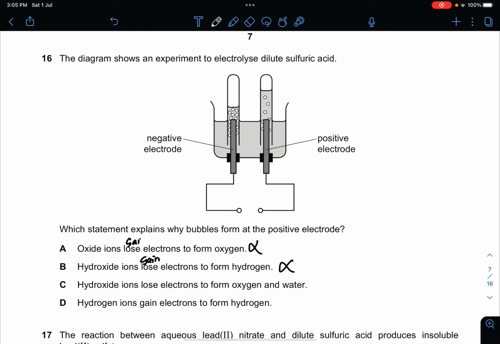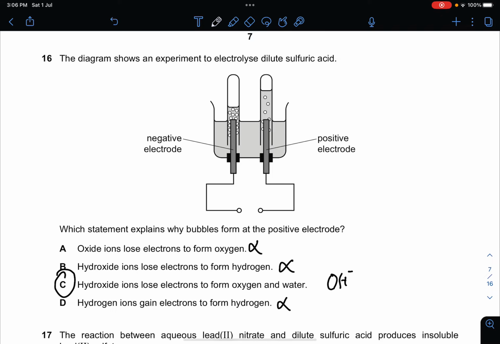This one they also gain. Hydroxide ions lose electron to form oxygen and water. Hydrogen ions gain electron to form hydrogen. Nope. So the answer is C. Okay, because oxygen is the one that does bubbles, and then water is definitely another product from the hydroxide because it comes from OH-.